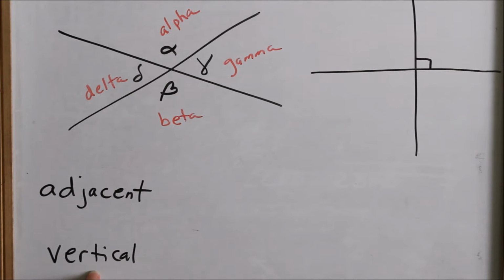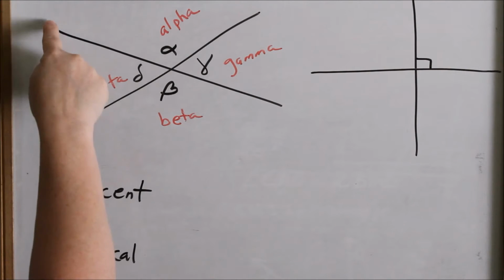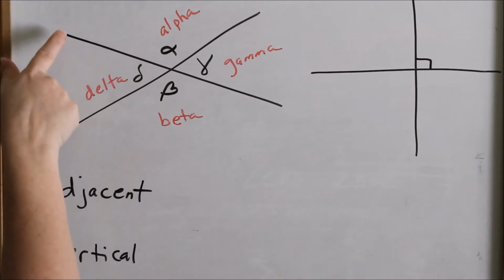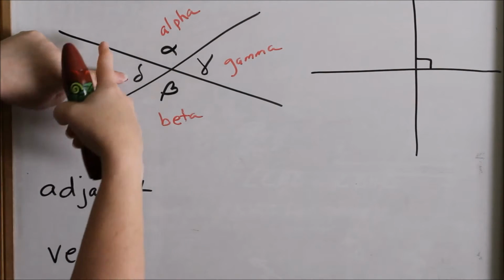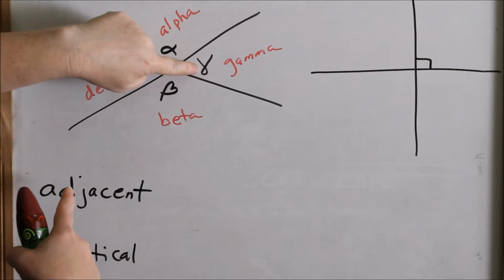So the other kind of angle that we form when 2 lines intersect is vertical angles. Vertical angles share the same vertex. You can remember that with a V, and they are opposite of each other. They are across from each other. The way I remember vertical angles is because they form a V. You have these lines here, they form an X, that's a V. This one's a V. Delta, this angle forms a V with gamma.